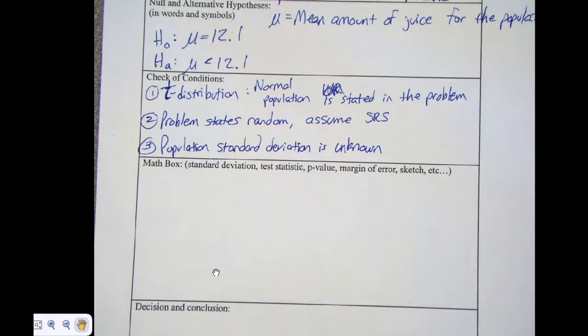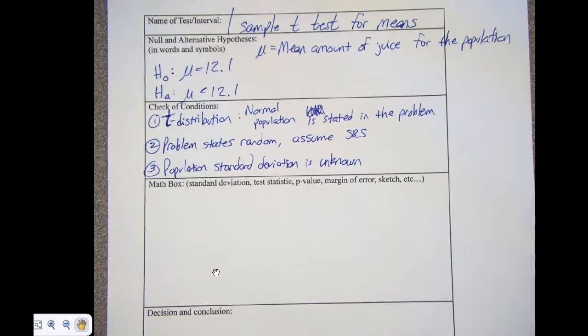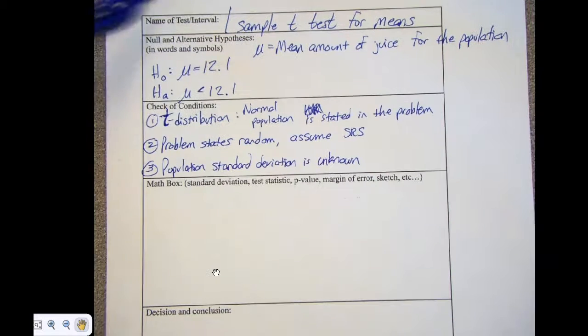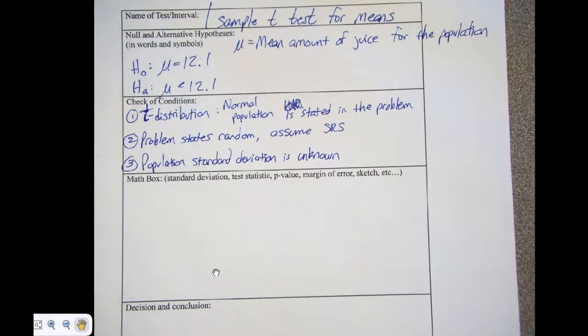Okay, in the math box here, I should mention this too. You can use this for all the practice ones you want, but when you go take the chapter test or the actual test, it'll be a blank sheet of paper, right? So this will help you, and by the time you take a test, this will be in your head so much it won't even matter that it's blank. You'll just see those spots, I think. Just keep that in mind.